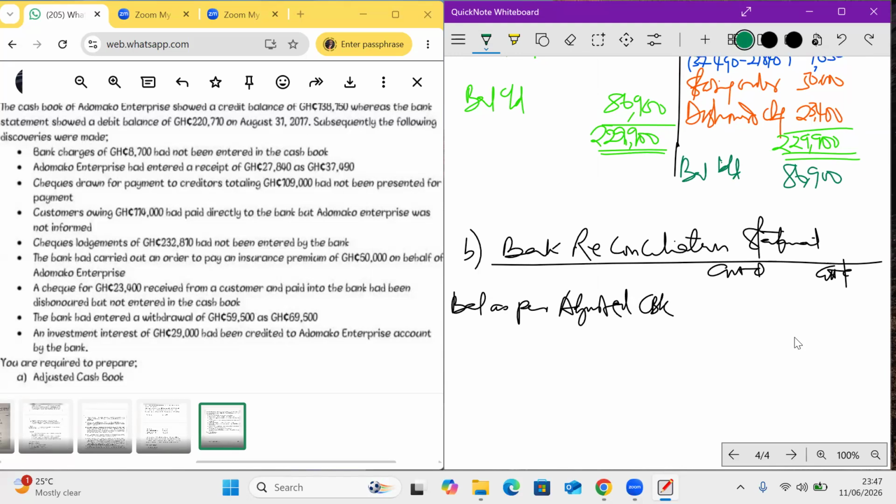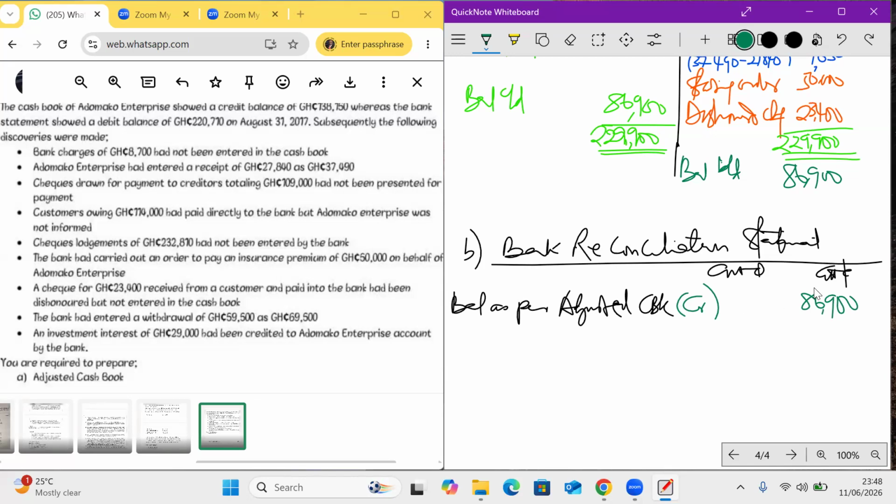Quick, quick. So you come down with the balance as per adjusted cash book, credit. So credit, you bring it, 86,900.